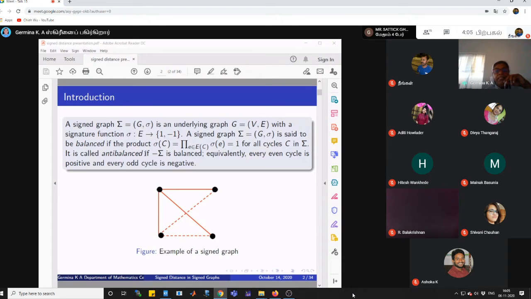And we say this Σ is anti-balanced if you negate all the edges, that is what we denote by -Σ. If -Σ is balanced, we say Σ is anti-balanced. Equivalently, every even cycle is positive and every odd cycle is considered to be negative.